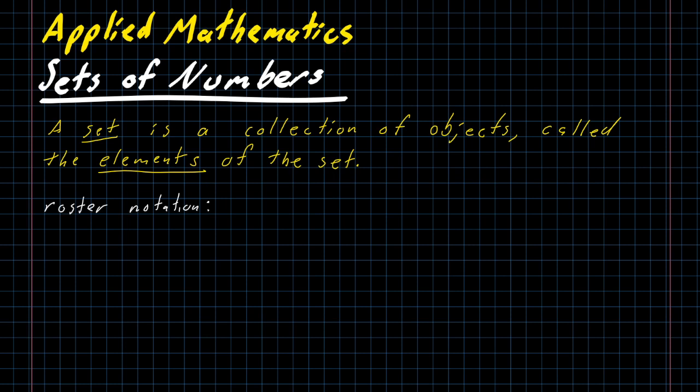The most common way that we talk about sets is by listing them out using what's known as roster notation. We start off with a curly brace, which in this context is called a set brace, and we just list out things.